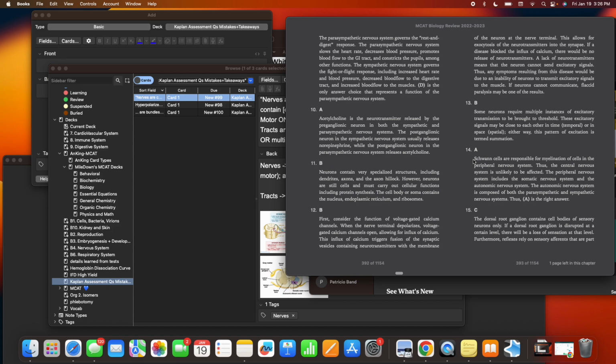Acetylcholine is the neurotransmitter released by the preganglionic neuron in both sympathetic and parasympathetic. So we have acetylcholine. Let's highlight these. Acetylcholine, released by the preganglionic neuron in both sympathetic and parasympathetic.